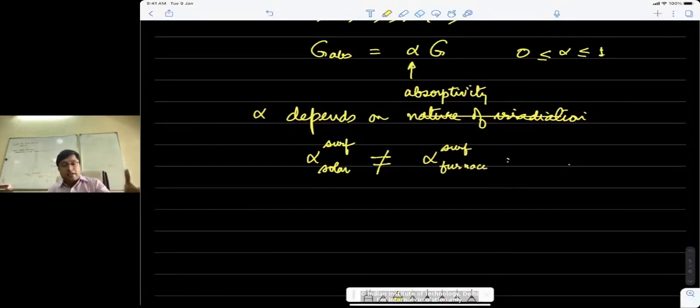So if I keep this surface in a furnace, it need not be the same.